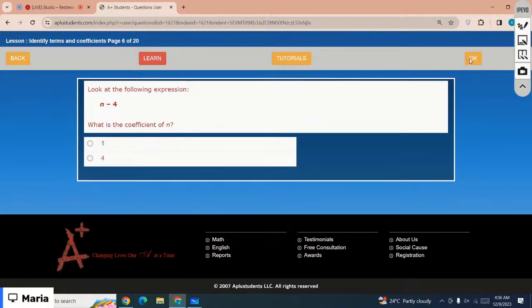Look at the following expressions. What is the coefficient of n? That is simply 1, right? If you do not have any number written before the variable, that means you have 1, so it is 1.